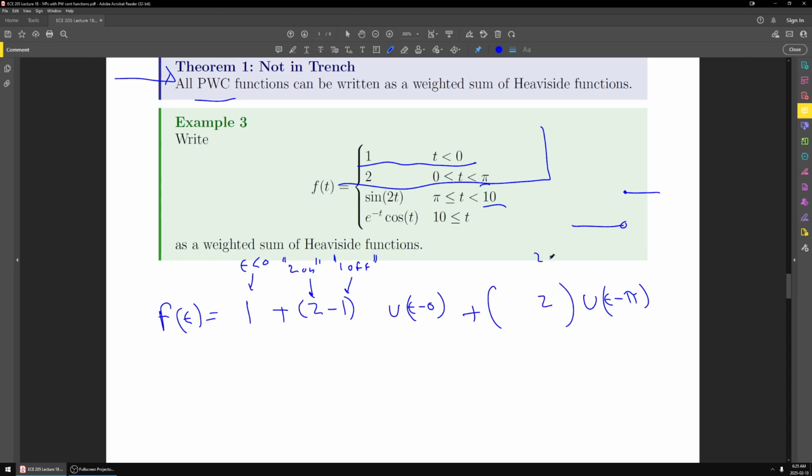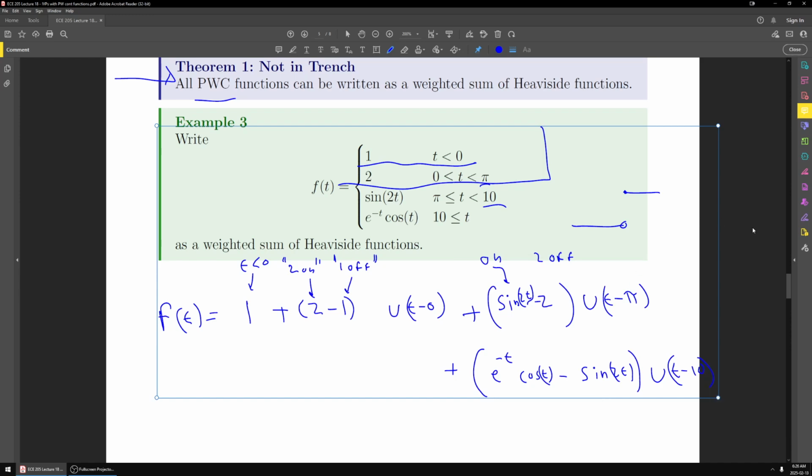So this is the 2 turning off, if I put a negative in front of it. And here I want to turn on the sine, so I get sine of 2t. And that's kind of scrunchy, but there you go. So this is 2 off, this is the sine on, right? And then finally, if I want this last term, here I'm going to want to turn on my e to the negative t cos of t, and I want to turn this function off, sine of 2t. And this wants to happen when t is 10, so u of t minus 10.